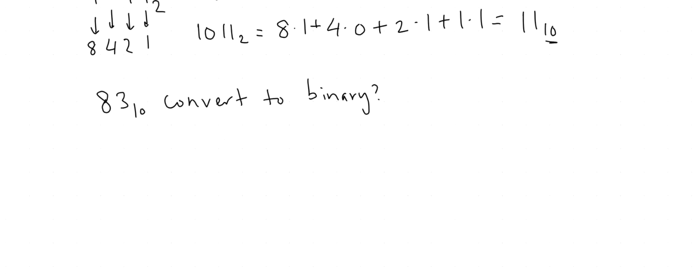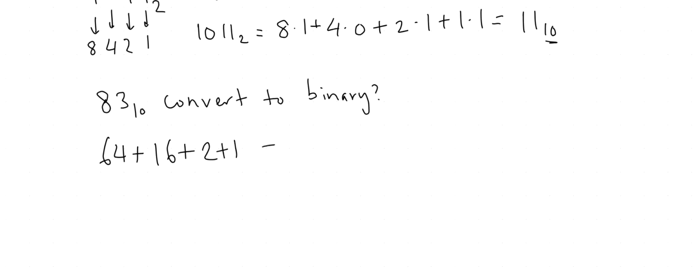So think about what's the biggest power of 2 that can go into 83? That's 64. And then what's the next biggest power of 2 that can go into 83? Well, after you take 64 out of 83, you have 19 left. So then it'd be 16. And then together this is 80. So there's only 3 left, which is 2 plus 1. Now we have written 83 as the sum of powers of 2.